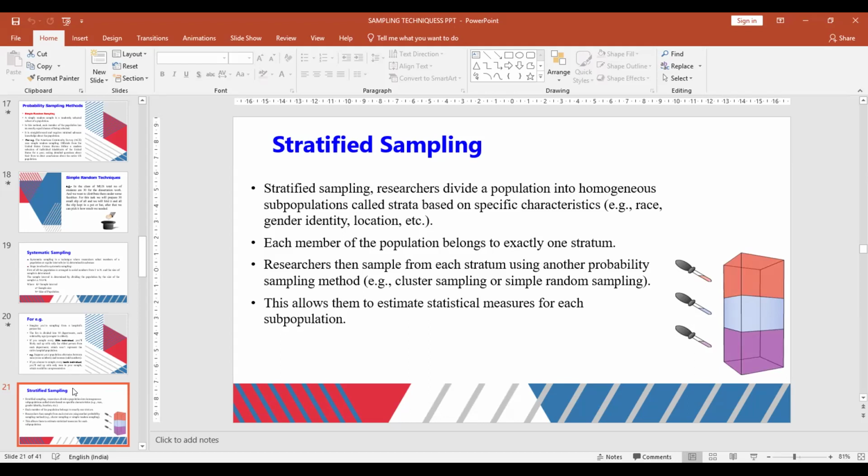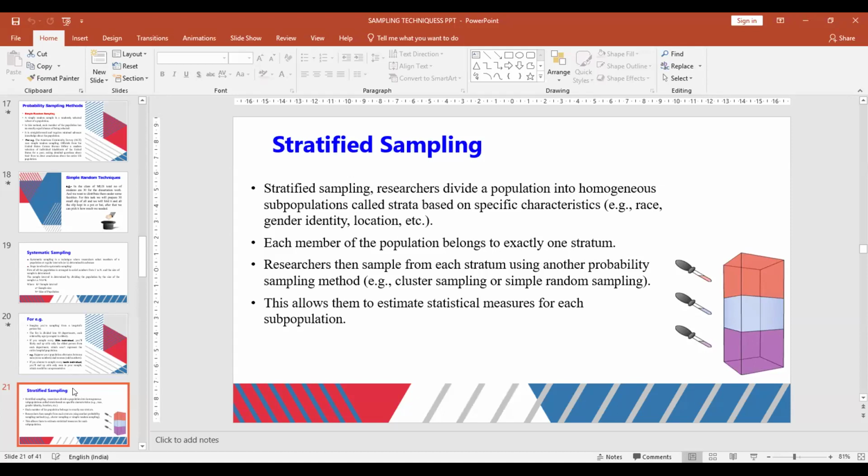Each member of the population belongs to exactly one stratum, only a particular stratum. The researcher then samples from each stratum using another probability sampling method, for example, cluster sampling or simple random sampling.